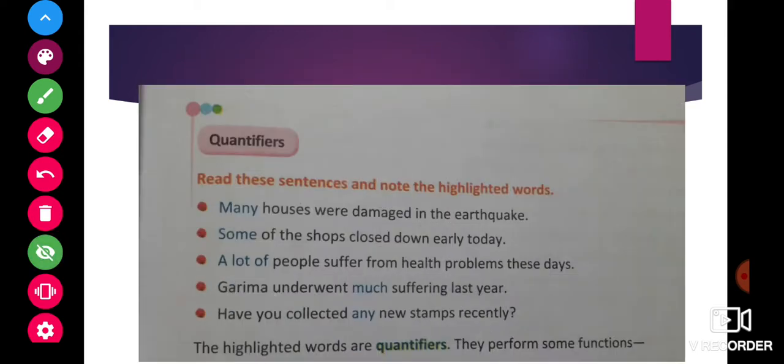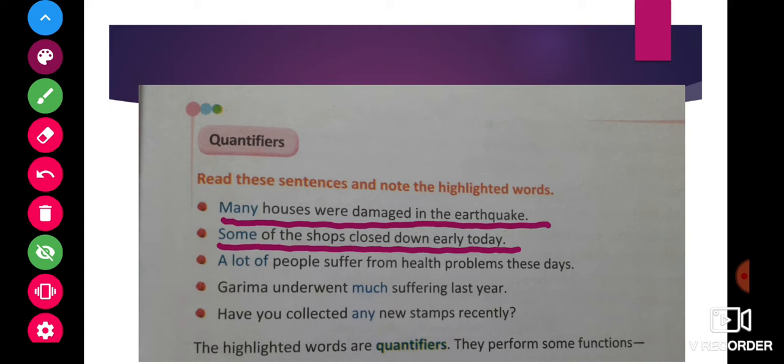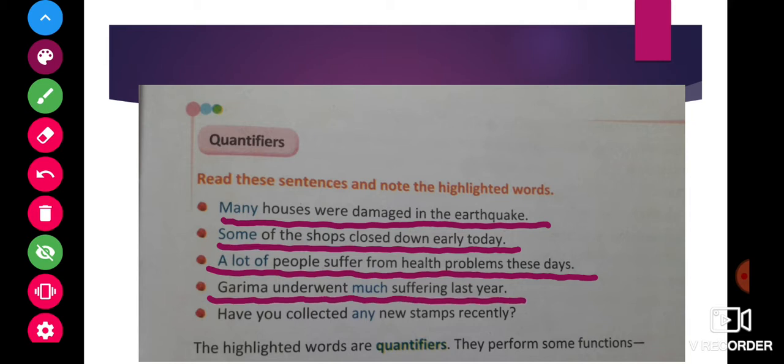The next type of determiner is quantifiers. Let us read the sentences and note the highlighted words. Many houses were damaged in the earthquake. Some of the shops closed down early today. A lot of people suffer from health problems these days. Garima underwent much suffering last year.